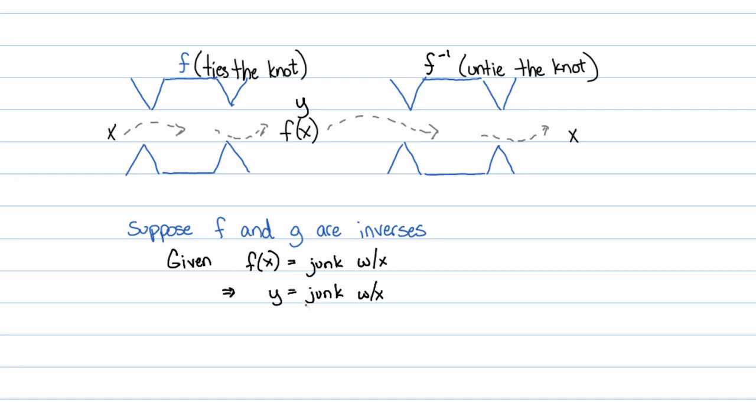Well, what we can possibly do is solve for x. If we do that, solving the right-hand side for x, we'll get x equals, and on the left-hand side we'll probably just have some junk with y. It turns out that this is our inverse function.